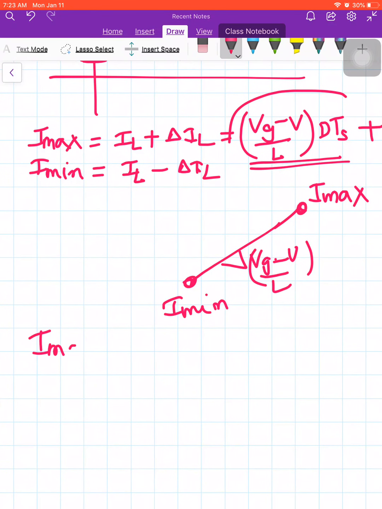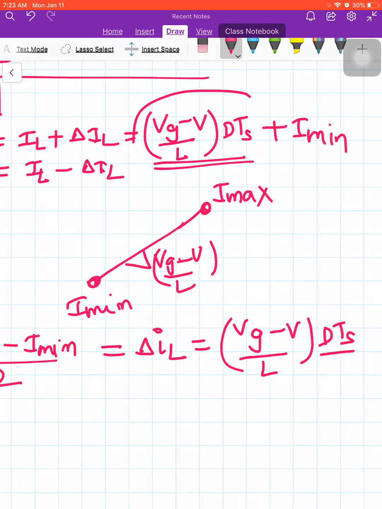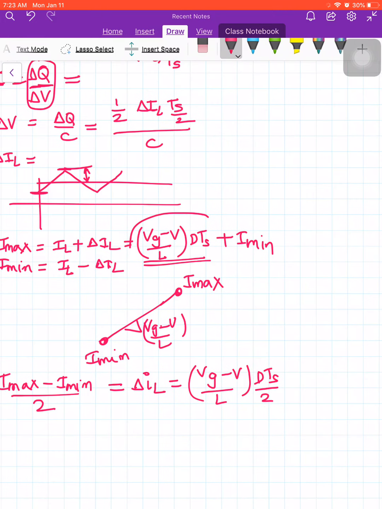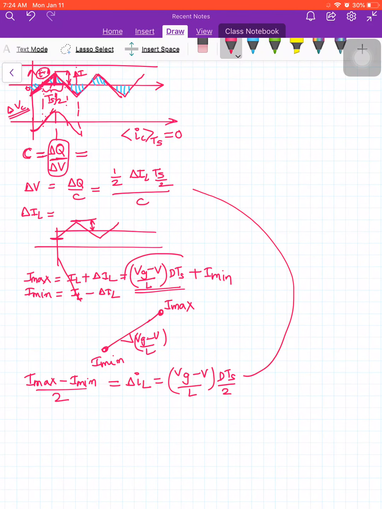Imax minus Imin by 2, which is equal to delta IL, that is equal to Vg minus V by L into dTs by 2.